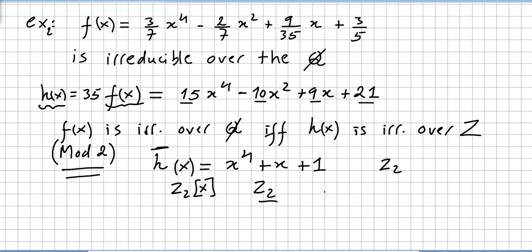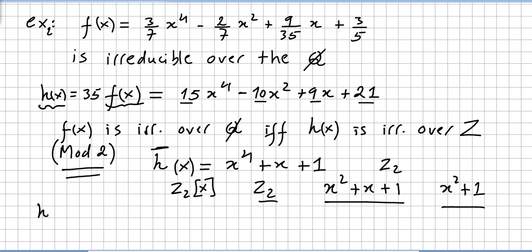If you want to check that there is no quadratic factor, you just try to divide by x squared plus x plus 1, and by x squared plus 1. And you see that there is no factor here. x squared plus x plus 1 is not a factor, and x squared plus 1 cannot be a factor because it has a root and h bar has no root.